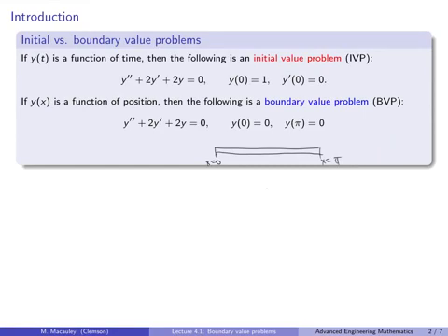So again, for an initial value problem, we specify all of the derivatives. This is a second order problem, but for an nth order, we have to specify the 0th up to the n minus 1th derivatives, whatever values they take, at t equals 0. That's the key. It doesn't have to be 0, but all the inputs have to be the same. For a boundary value problem, we don't have to specify the values.